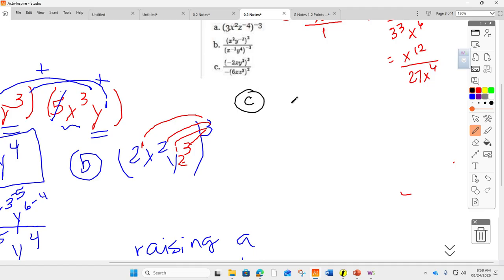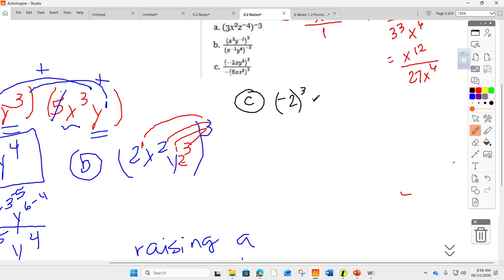So I'm going to raise everything in the numerator to the power, raise everything in the denominator to the power, and then multiply, divide like bases as needed. So this is negative 2 to the third power, inside the grouping symbol.